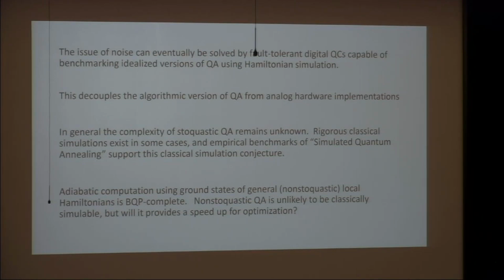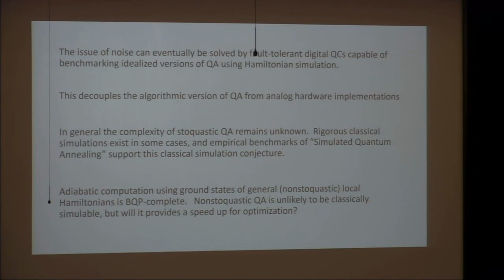In general, the complexity of stoquastic Hamiltonians is actually not completely pinned down, but rigorous classical simulations are known to exist in some cases, and we also have an algorithm called simulated quantum annealing, for which empirical benchmarks so far strongly support this idea that a wide class of these systems can be classically simulated.